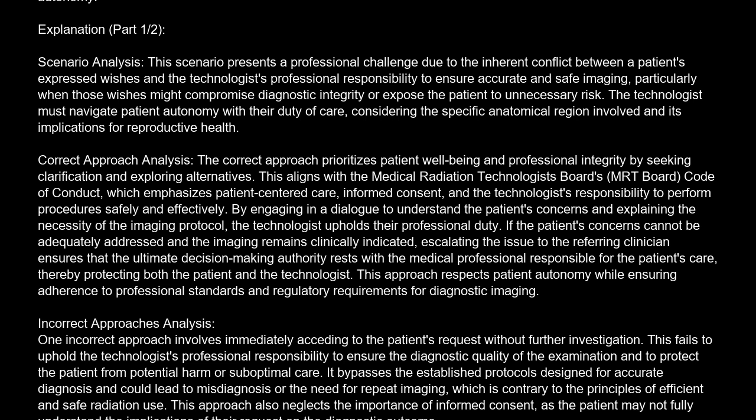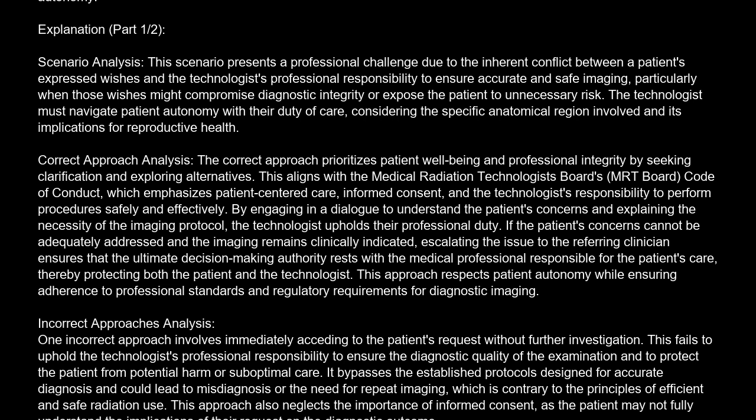By engaging in a dialogue to understand the patient's concerns and explaining the necessity of the imaging protocol, the technologist upholds their professional duty. If the patient's concerns cannot be adequately addressed and the imaging remains clinically indicated, escalating the issue to the referring clinician ensures that the ultimate decision-making authority rests with the medical professional responsible for the patient's care, thereby protecting both the patient and the technologist.